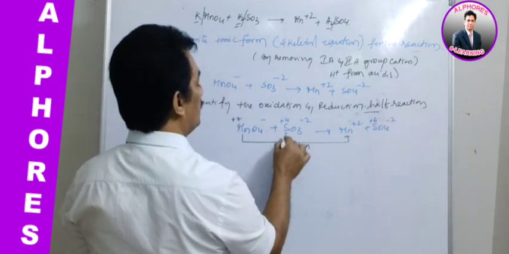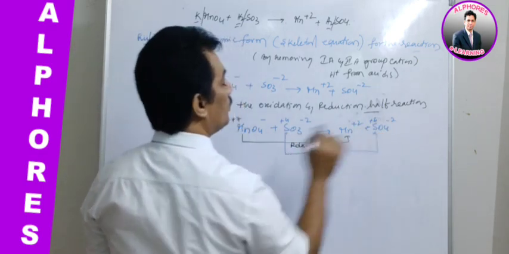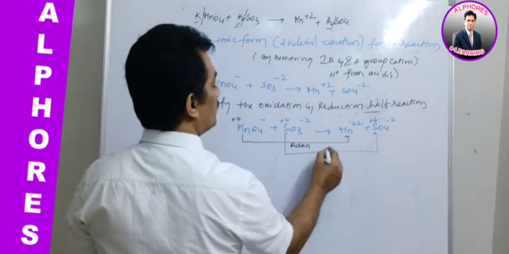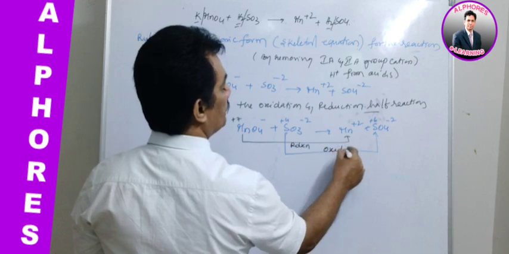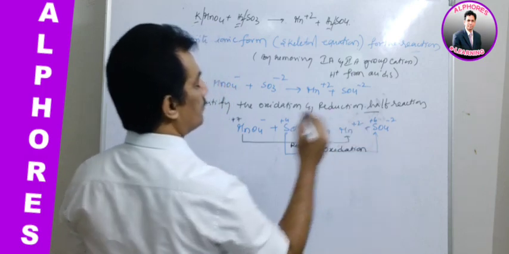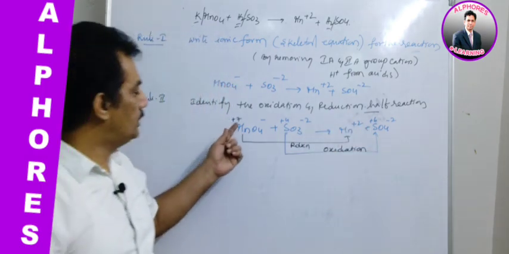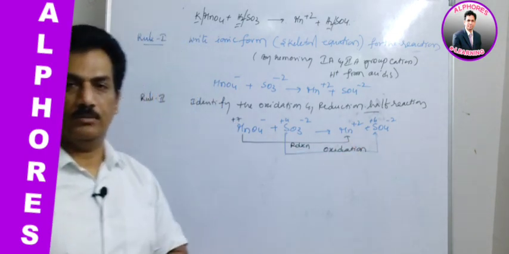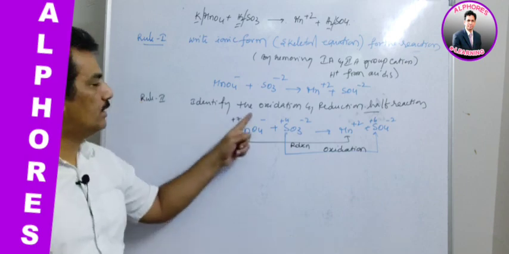So in this case +4 to +6, increase or decrease? Increase. So it is oxidation. So this is reduction half and this is oxidation half reaction. That is rule number 2.